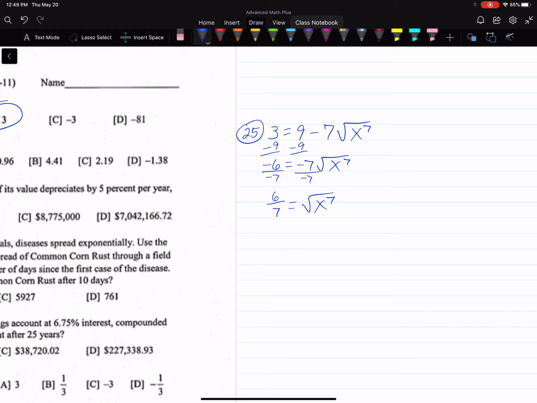To get rid of a square root, we square both sides. So that's going to be 36 over 49 equals x to the 7th. And to get rid of the 7th power, we're going to take this to the 1/7 power on both sides. So 36 over 49 to the 1/7 power in our calculator is basically what we're going to put.